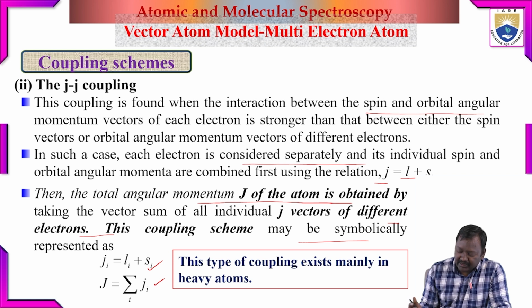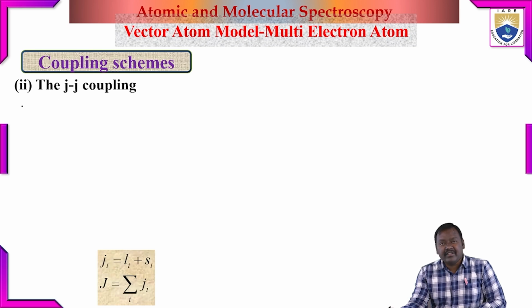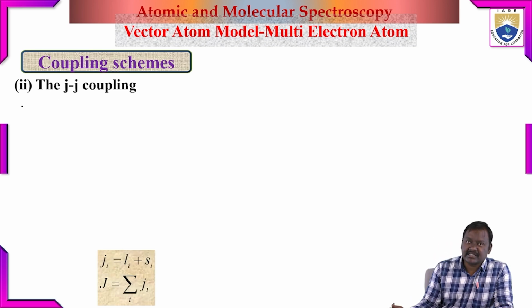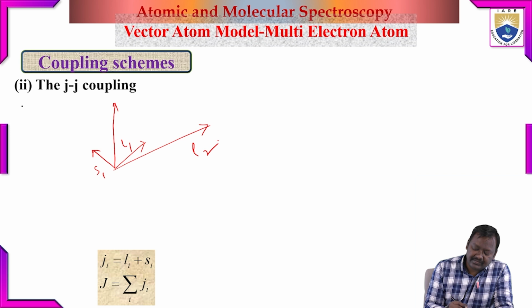This type of coupling exists mainly in heavy atoms. This scheme is applied for heavier atoms. Here, if there are two electrons, this is the spin S1 for one electron, and this is L1 for the same electron; for the second electron, these are S2 and L2.